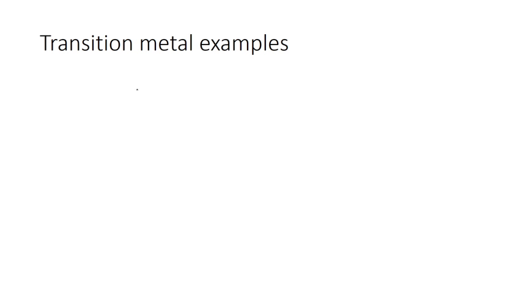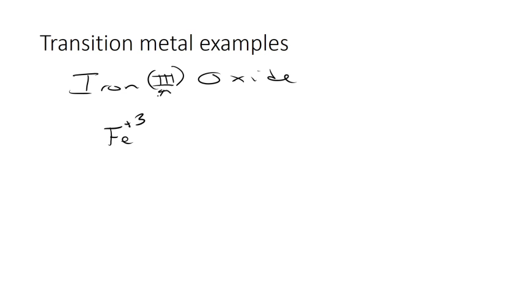Take a look. So the first one, do name, like maybe iron(III) oxide. We're going to do this just like simple ionic. We find iron, it's Fe. And here, right, the 3 is telling us the charge.